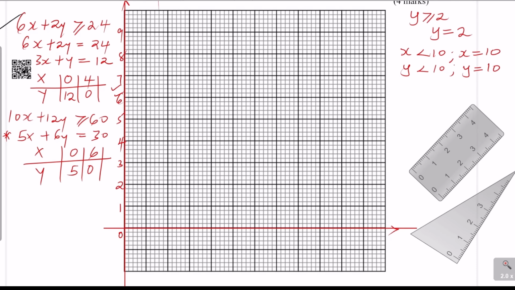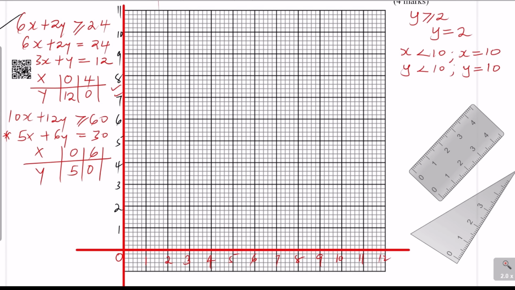So 1, 2, 3, 4, 5, 6, 7, 8, 9, 10, 11, and for this one, 1 to 12.